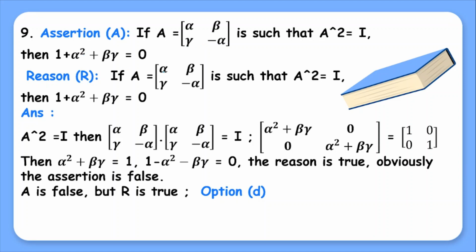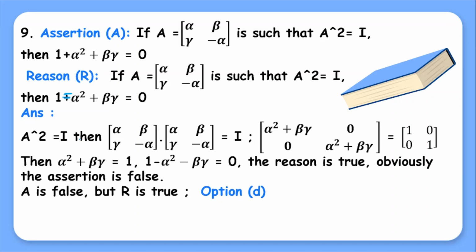Now the reason: if A equal to [alpha, beta; gamma, minus alpha] is such that A square equal to I, then 1 equal to alpha square plus beta gamma.